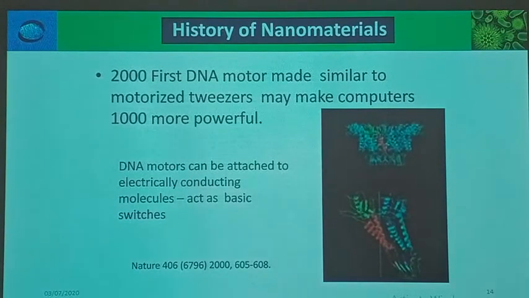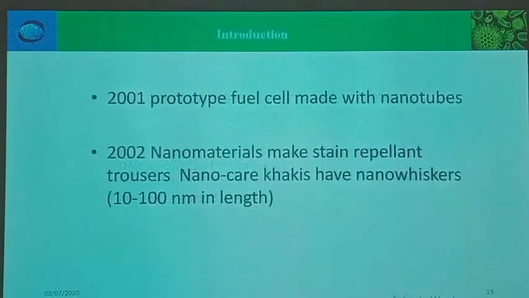DNA motors can attach to electrically conducting molecules which act as basic switches. In 2001, a prototype fuel cell was made with different nanotubes.